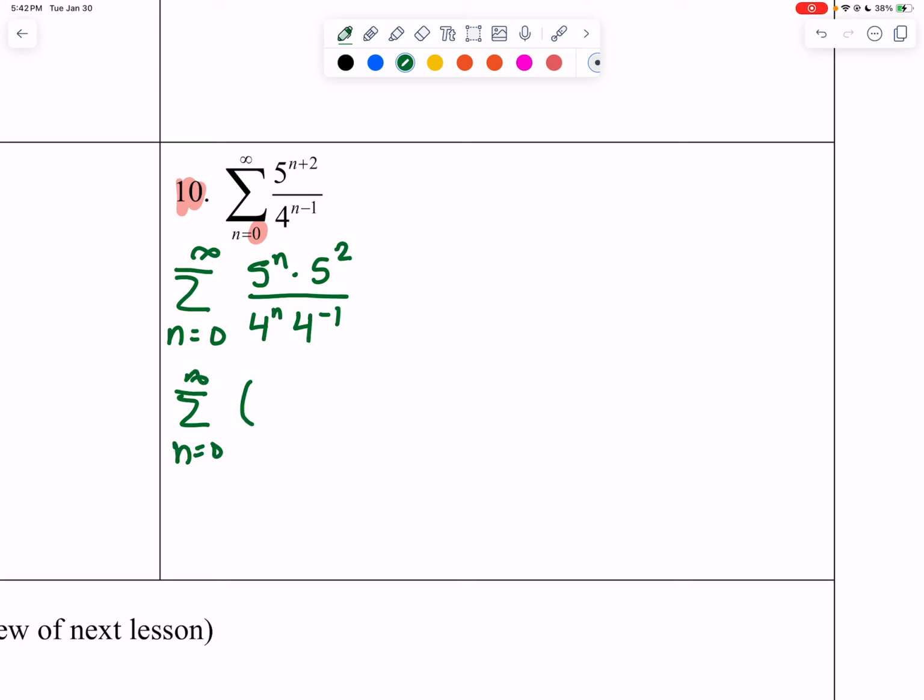You'll see that I have 5/4 to the n, and then I have 5 squared times 4 to the negative 1. I really don't care about this because you'll see that here my common ratio is 5/4. Since my common ratio is 5/4 and it's greater than 1, this tells me that this series will diverge.